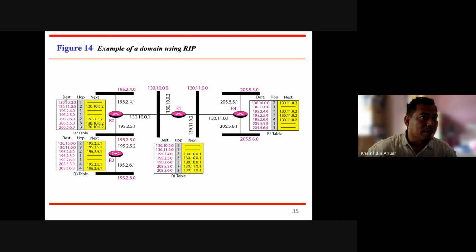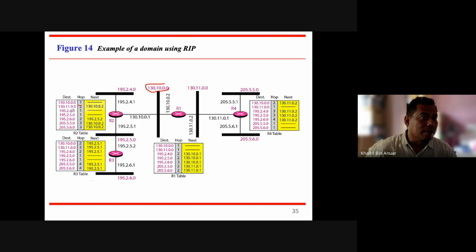Say that your destination here is 130.10.0.0. You are trying to go to 130.10 here. You are in the router here, so the number of hops you have to pass through is only 1. So you need to update here. What is the next hop between here and the network itself? It doesn't have one, because it's directly connected.